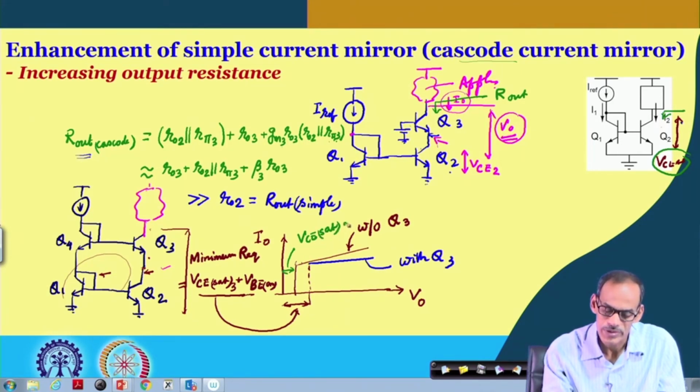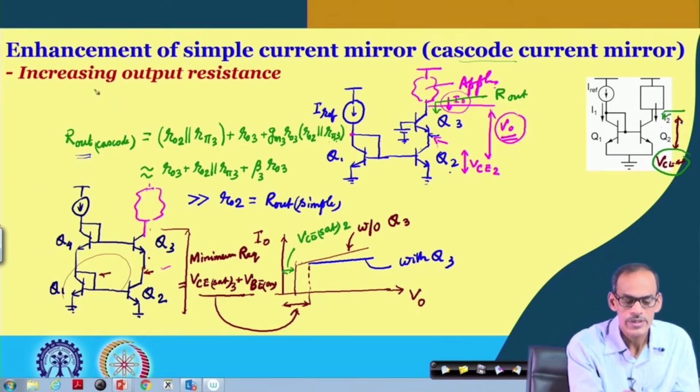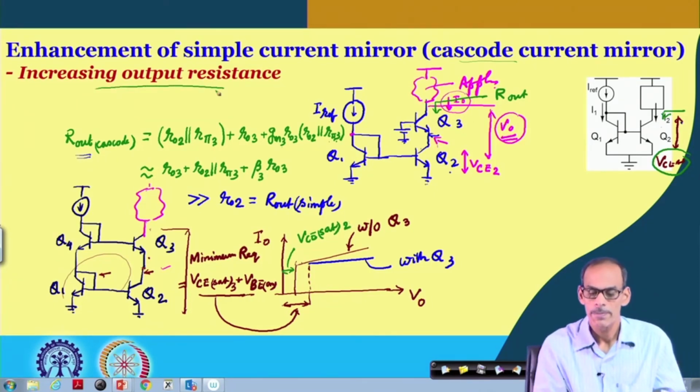That is how we can increase the output resistance and get less dependency of the output current on the output voltage.